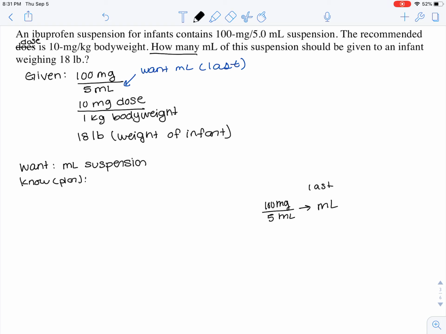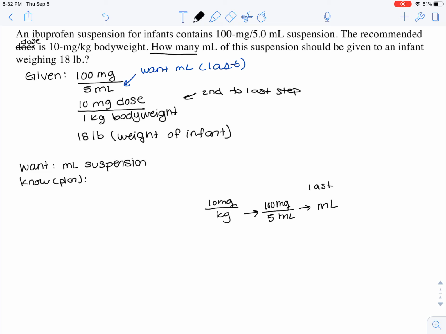That means I'm going to have to get rid of the milligrams. So here's my second to last step, because I have the dosage per the body weight. I will use my 10 milligram dose over kilogram body weight.